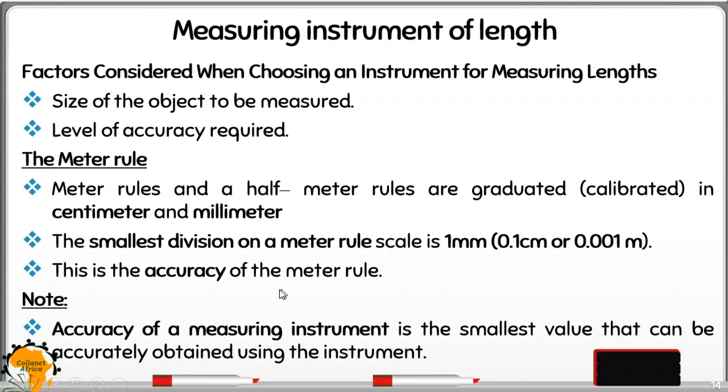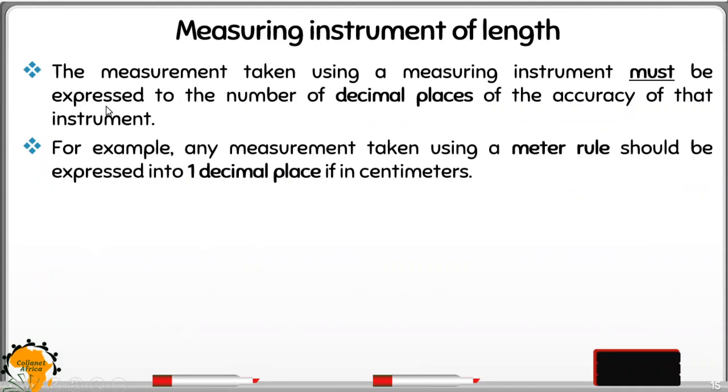Then we move to the measurement taken using the measuring instrument. We have talked about the accuracy of a measuring instrument. This accuracy will help us to know the number of decimal places to indicate when you are recording your value. For instance, if you are using a meter rule in centimeters, the accuracy is 0.1.